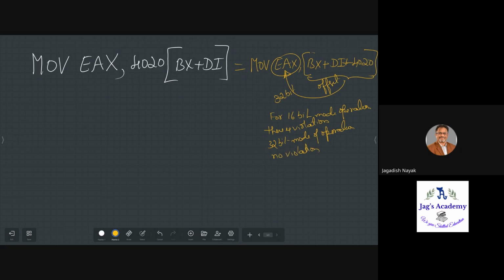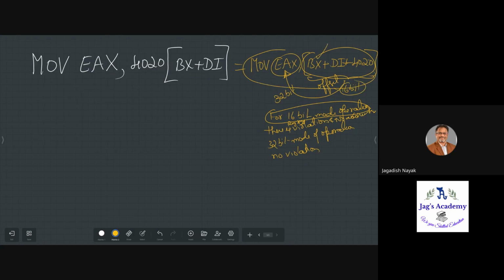But if you look at this offset address, which is 16-bit, there is an offset address violation, right? So for 16-bit mode operation, there is a register size violation, no address size violation. So in this instruction, address size is 16-bit only.